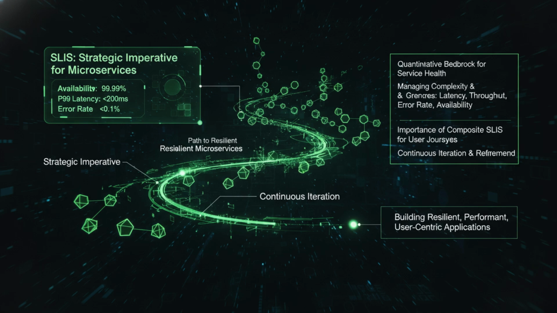We've delved into the critical need for SLIs in distributed systems to pinpoint issues, manage complexity, and provide granular visibility. By understanding and applying the core categories of SLIs, latency, throughput, error rate, and availability, and by embracing the challenge of composite SLIs for end-to-end user journeys, you empower your teams to build more resilient, performant, and user-centric applications.